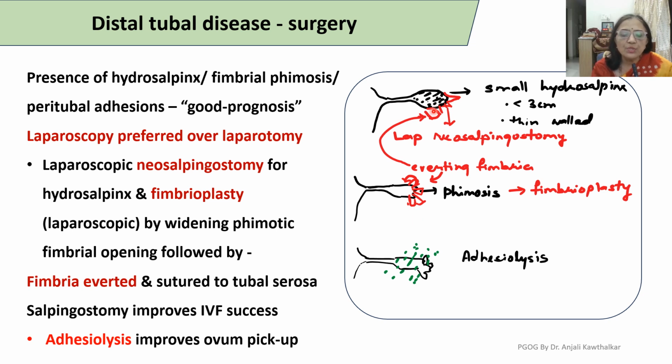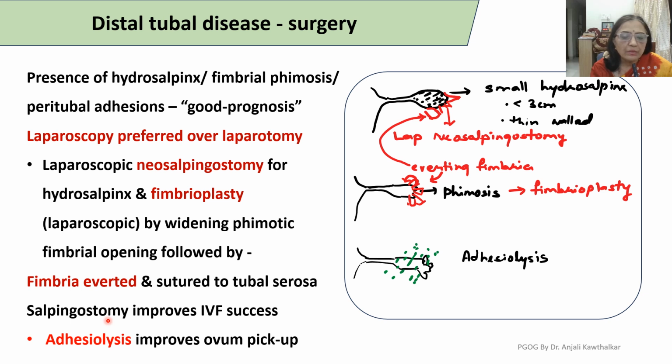And with both these procedures, neosalpingostomy as well as fimbrioplasty, in the end, the fimbriae are everted either by taking sutures or with the help of cautery. Fimbriae are kept everted so that there is no recurrence of phimosis or recurrence of the block leading to hydrosalpinx. Fimbriae are everted and sutured to the tubal serosa.